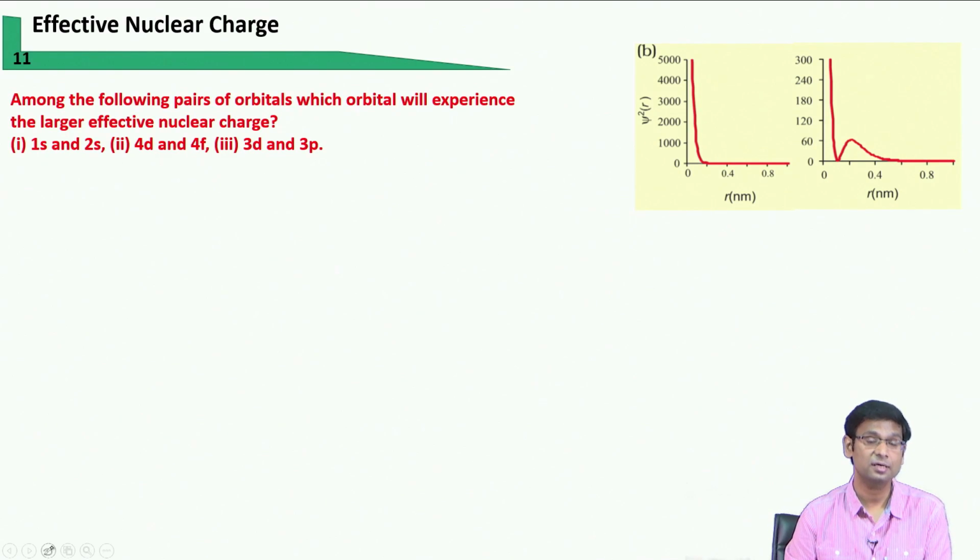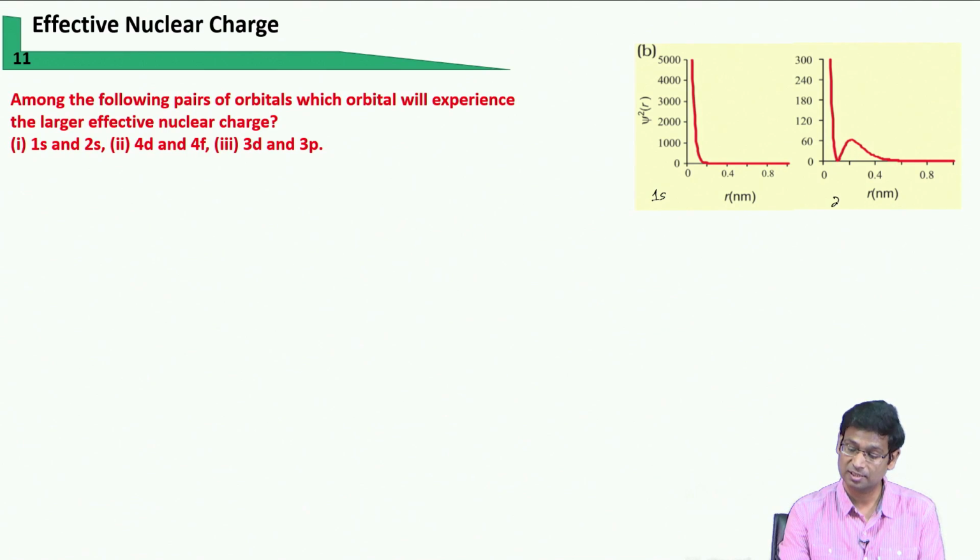This question concerns the effective nuclear charge. If you remember, we discussed the square of the wave function, or the probability distribution. This diagram corresponds to the 1s orbital, and this diagram corresponds to the 2s orbital of the hydrogen atom. What do we see here? The probability of finding the electron in the 1s orbital vanishes very quickly.